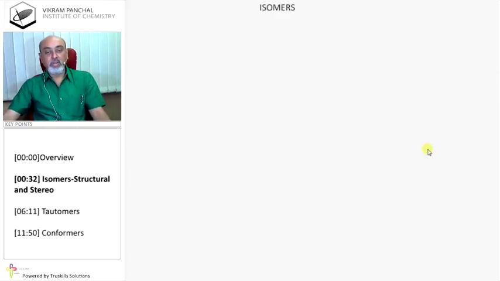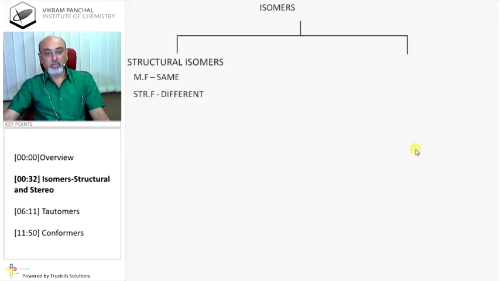So first of all, we will deal with isomerisms and isomers. How many types of isomers are available? Well, if you classify isomers, then there are mainly two types of isomers. One is structural isomers, in which molecular formula will be same, but structural formula are different.